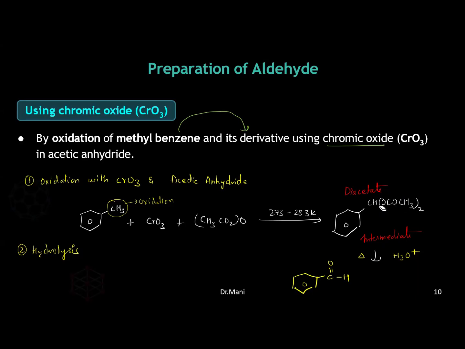The methyl group is converted into this diacetate. This is followed by hydrolysis. The diacetate will be hydrolyzed in the acidic medium. Just remember this: H3O+ is nothing but acidic medium.